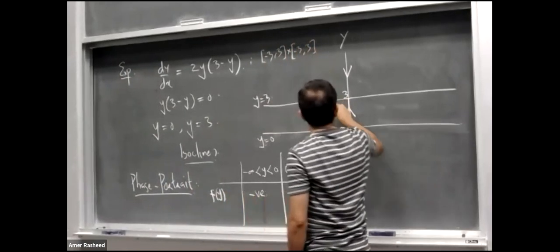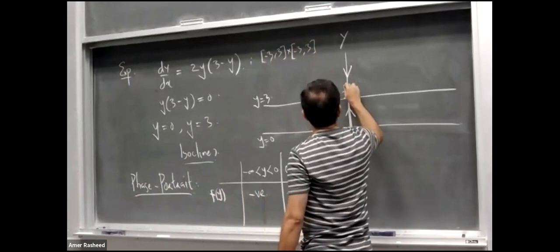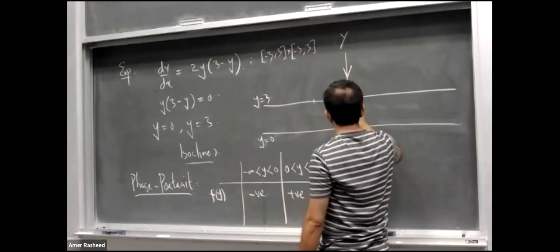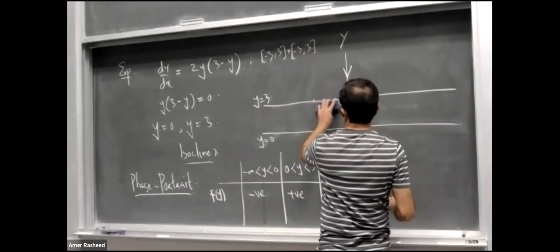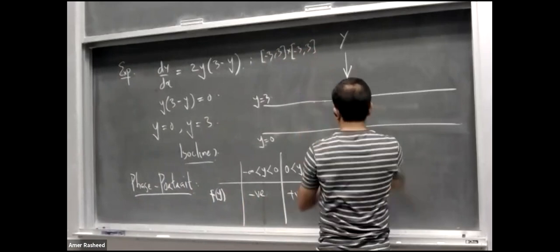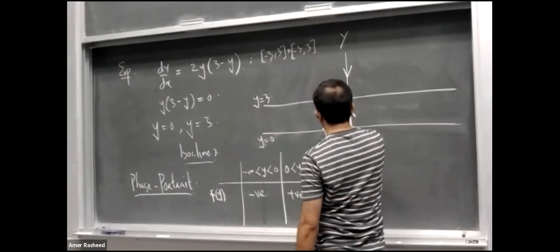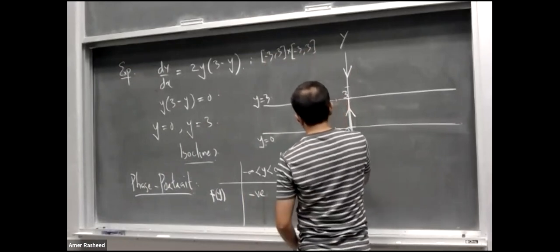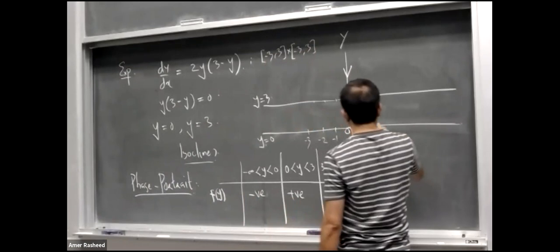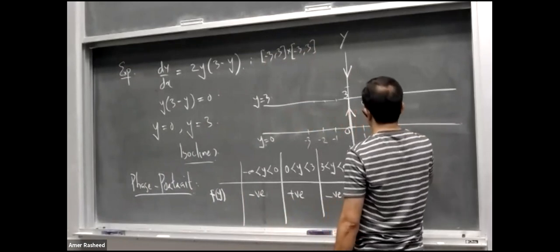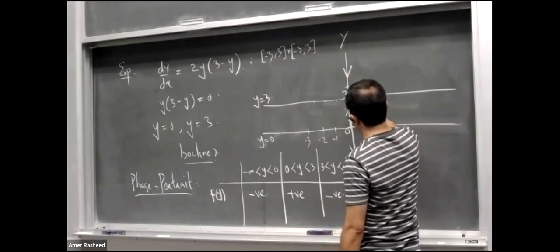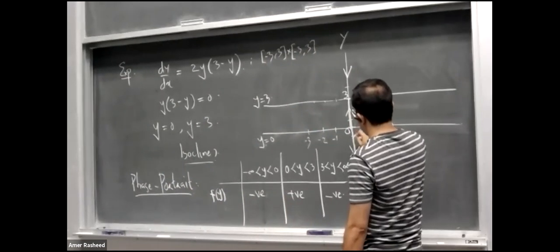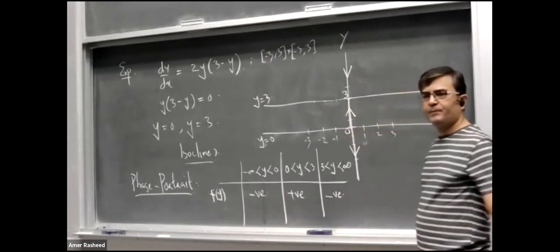Okay. 1, 2, 3, 1. Sorry. Not here. We don't draw it here. We draw it here. 1, -1, -2, -3. Really 1, 2, 3, 1, 2, 3. Here 1, 2, and 3, and similarly 1, 2, and 3, whatever.